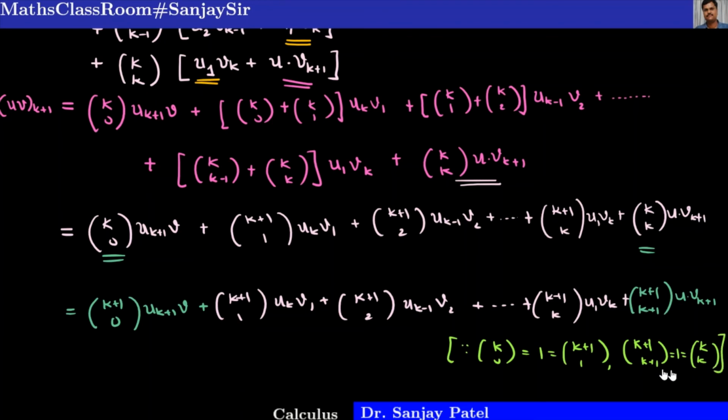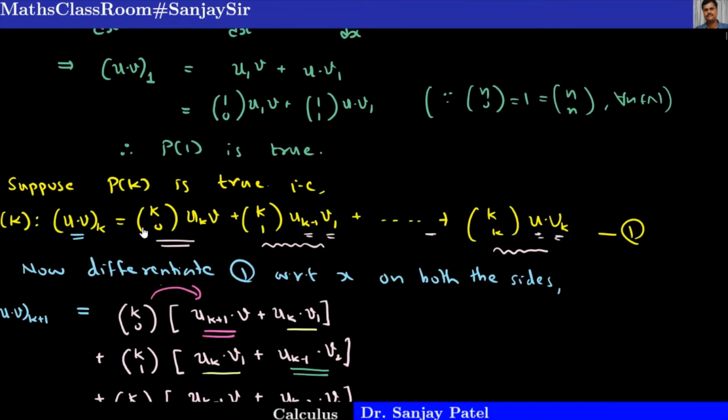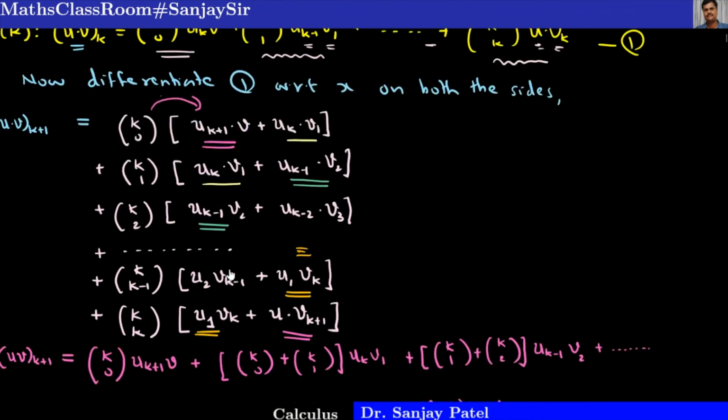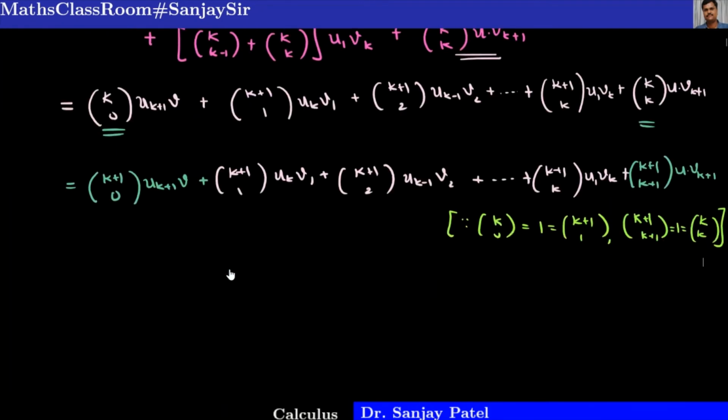So we have used these two things in the first and the last term, and this is nothing but your P(k+1). If you put the value of n equal to k plus 1 in this formula, you will see that (uv)^(k+1) is k plus 1 C0 u^(k+1) v and so on, and the last one will be k plus 1 C(k+1) times u into v(k+1). Hence P(k+1) is proved.